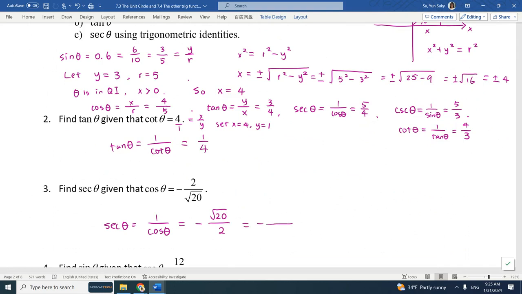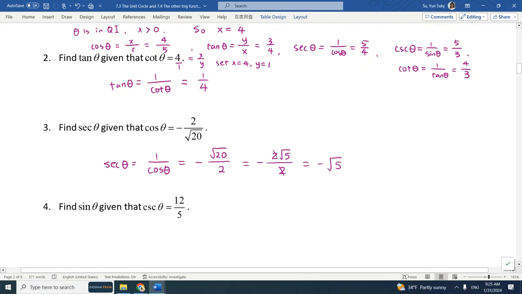What is square root of 20? 20 is 4 times 5, right? What's square root of 4? 2. So this is actually square root of 4 is 2. Square root of 5 is square root of 5. And when you divide it by 2, what happens? Yes. So we have square root of 5 negative. Right, everybody?